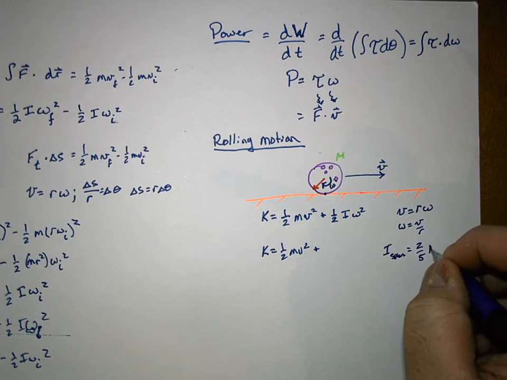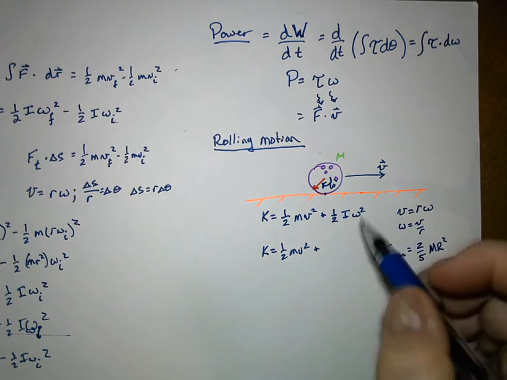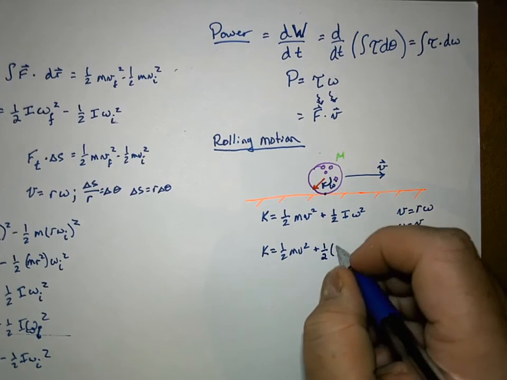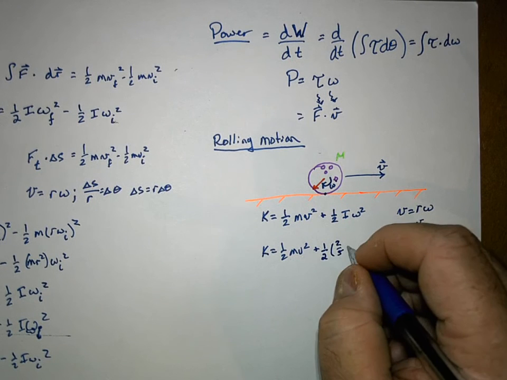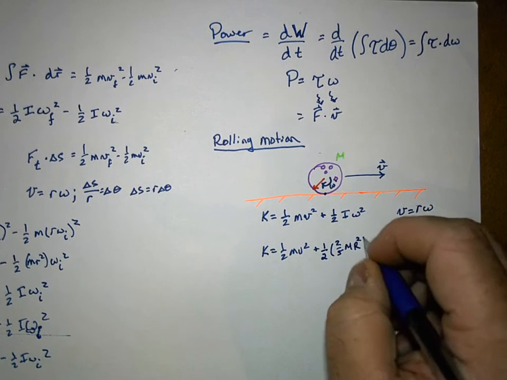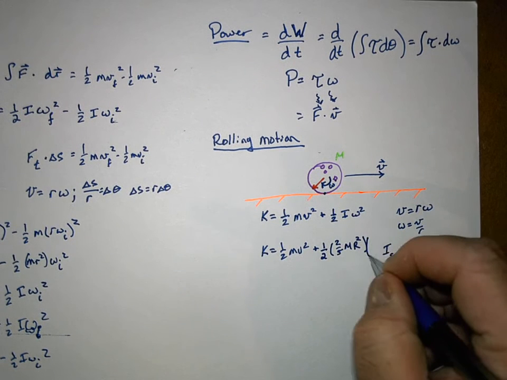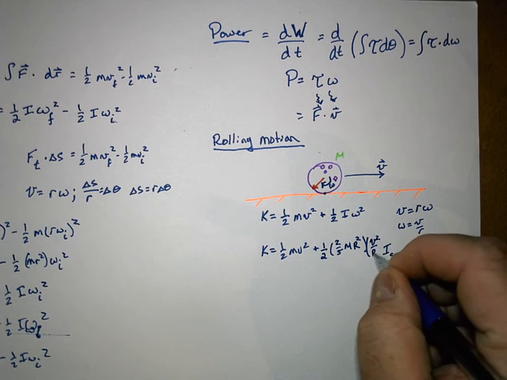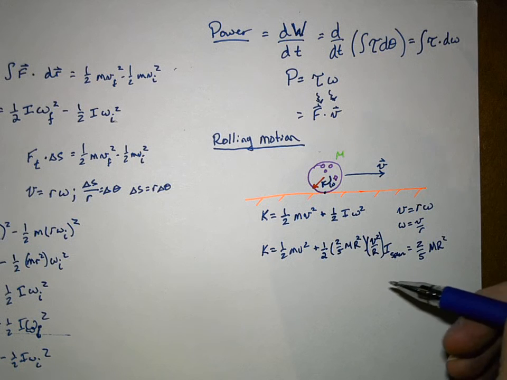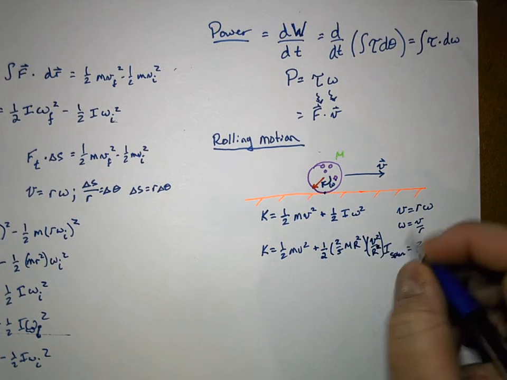2/5 m r squared. Well, that means that this is going to become 1/2 times 2/5 times the mass times the radius squared times its angular velocity squared. Well, its angular velocity squared is going to be the velocity squared over its radius squared. And here's the wonderful thing, these radii are going to cancel.